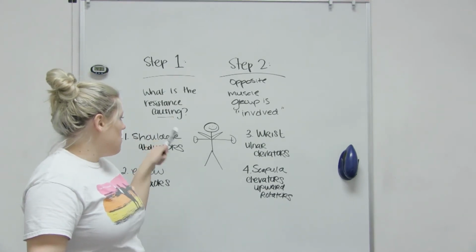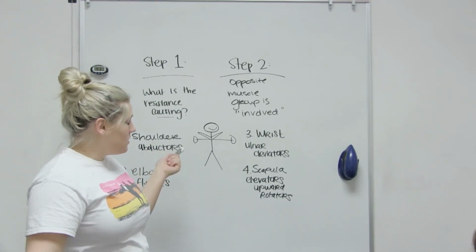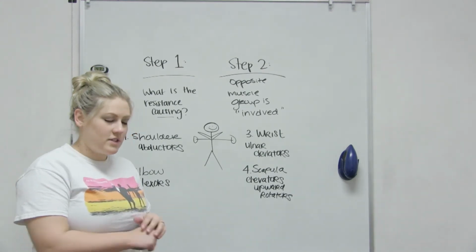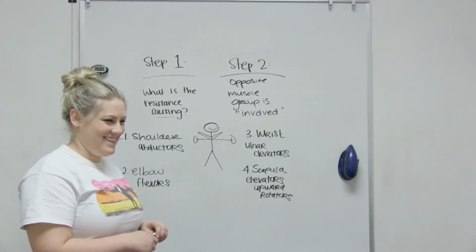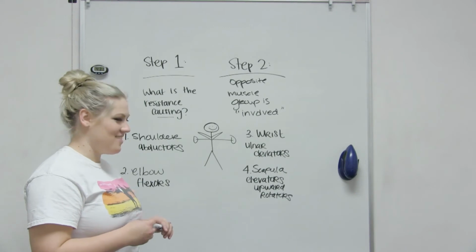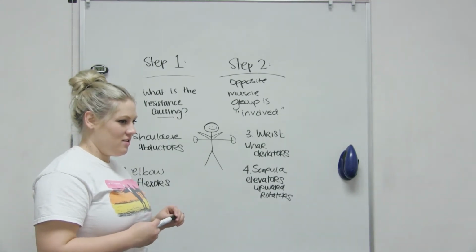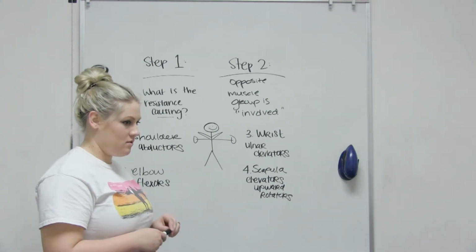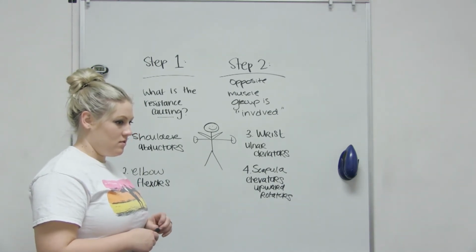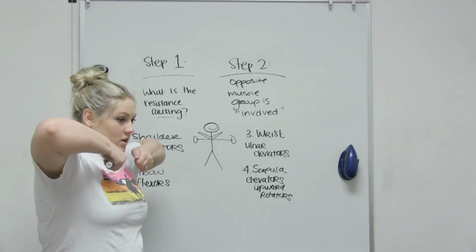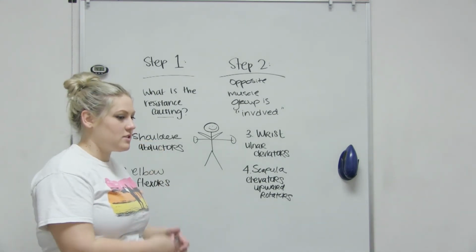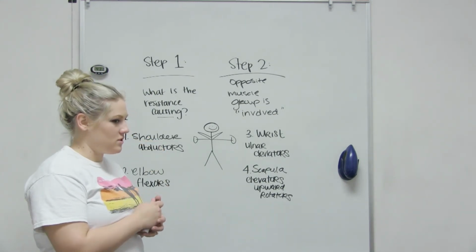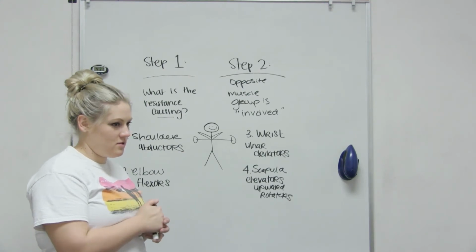Just for fun, in an upright row, what is the concentric phase and what is the eccentric phase? Concentric is against gravity. So this is concentric, upward, and then eccentric is down. What about a bench press? What's the concentric and eccentric with bench press?